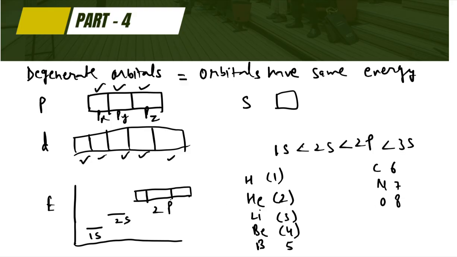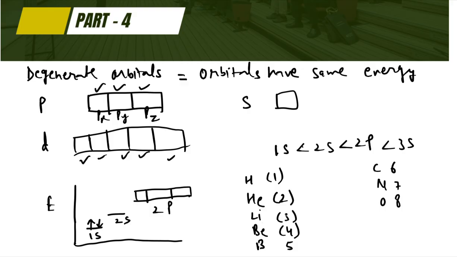If we start filling according to the energy level, for hydrogen we will have this. For helium we have 2 electrons. Should the second electron be placed in 1s or in 2s? Since there is a huge energy difference between 1s and 2s, the other electron is also going to fill in the 1s orbital.